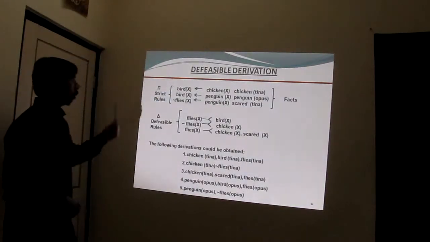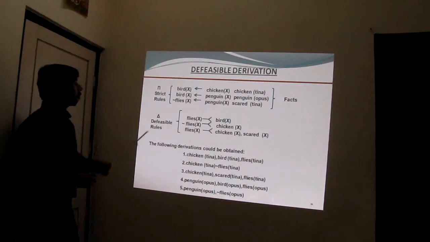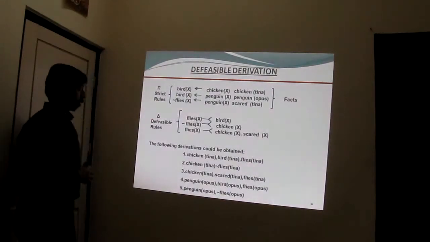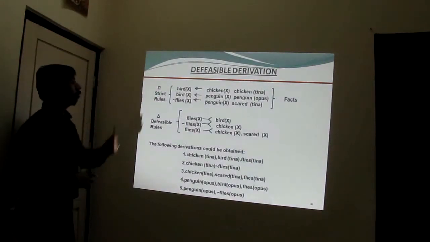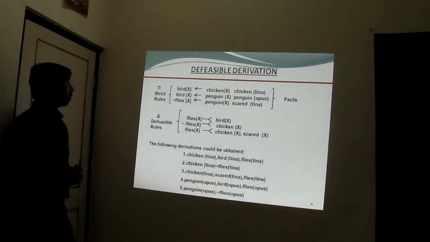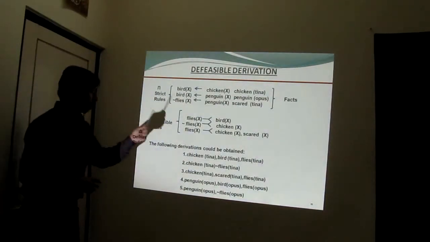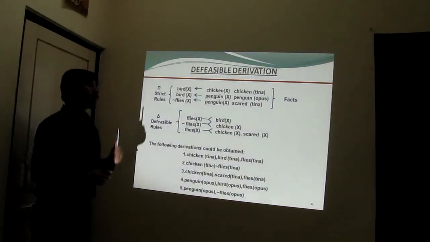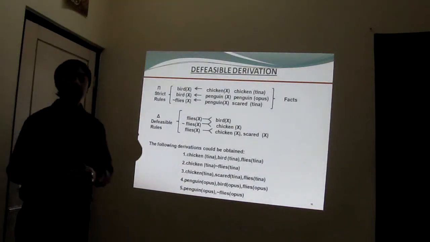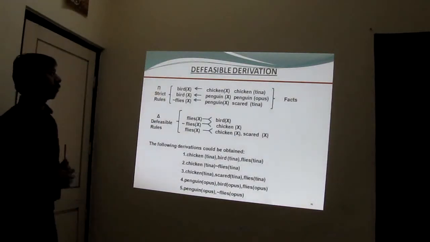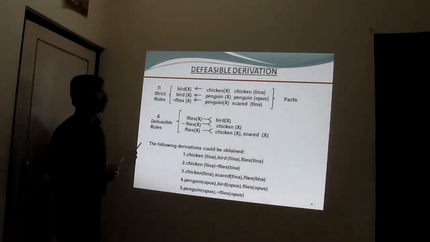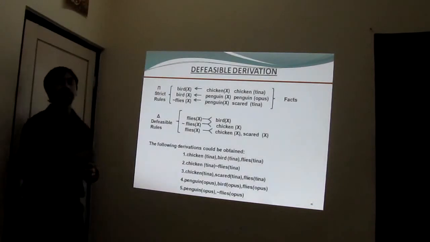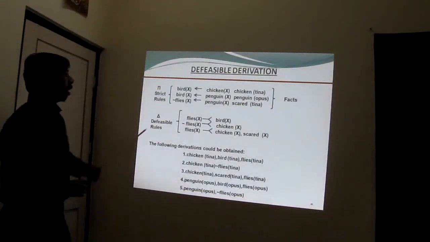The strict rules state: chickens are birds, penguins are birds, penguins do not fly. The defeasible rules state: birds usually fly, chickens usually do not fly, and a chicken, if it is scared, will fly. The three facts are that Tina is a chicken, Opus is a penguin, and Tina is scared.